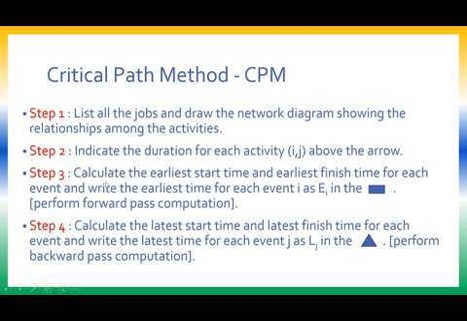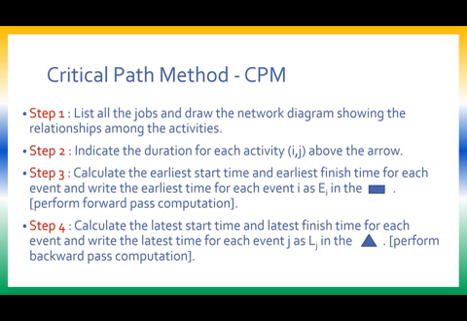Then step 3, calculate the early start time and early finish time for each event and write the earliest time for each event i as Ei in the rectangle. So what does it mean? For every circle in the network diagram, for every event, you can call it a circle or a node or an event, it is left to you.